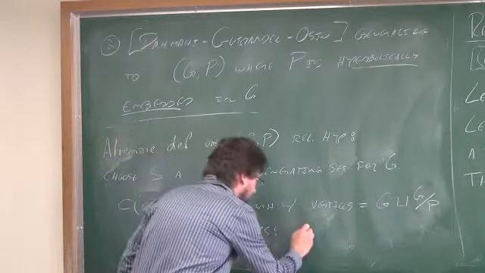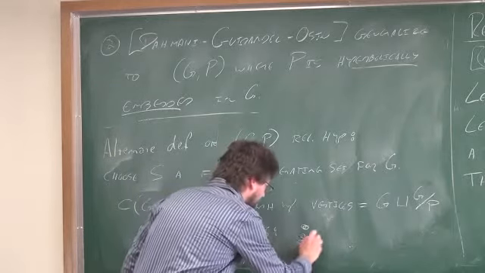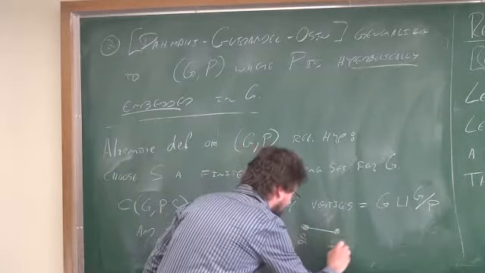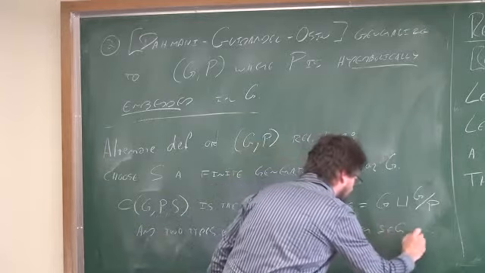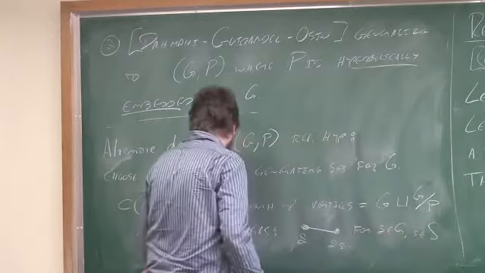The first type is the type that you see in a Cayley graph. So g is going to be connected to gs for g and gs in the generating set.